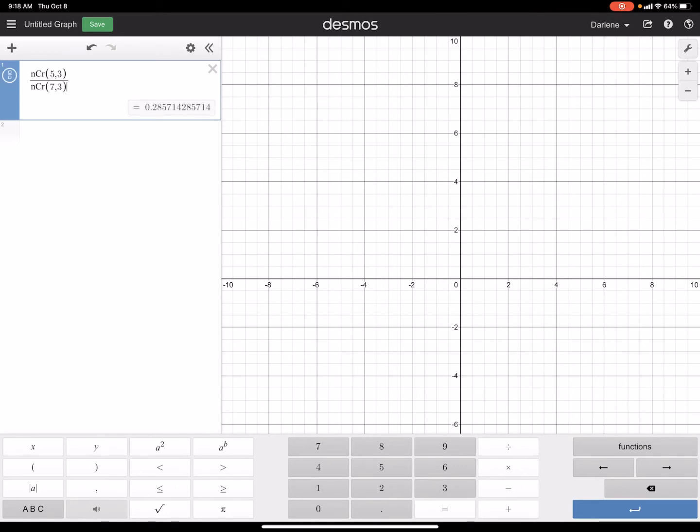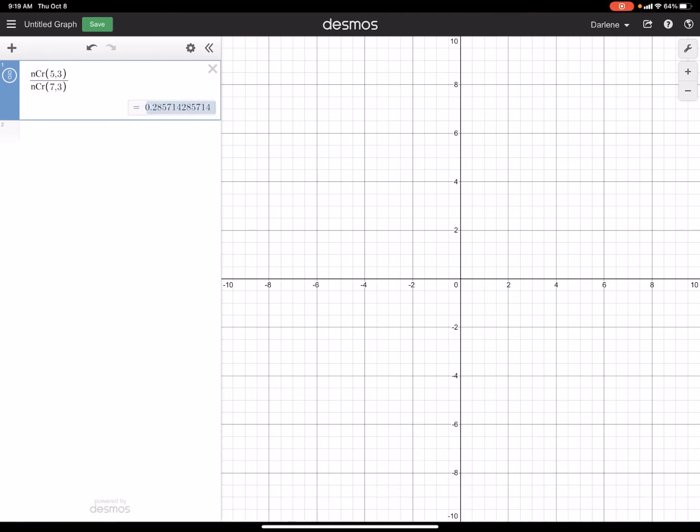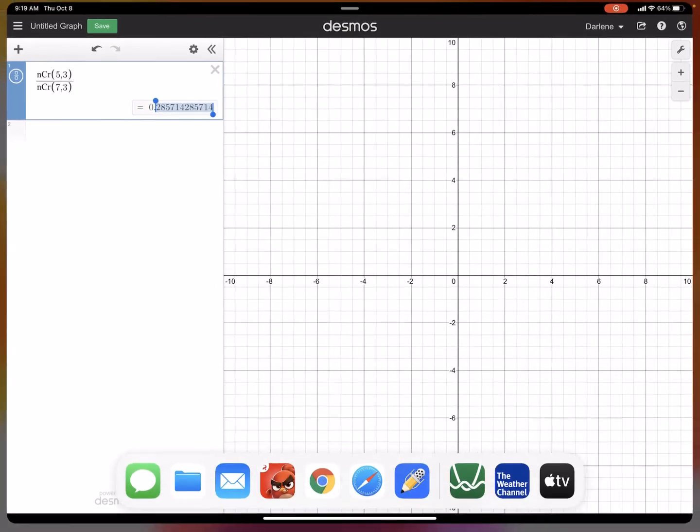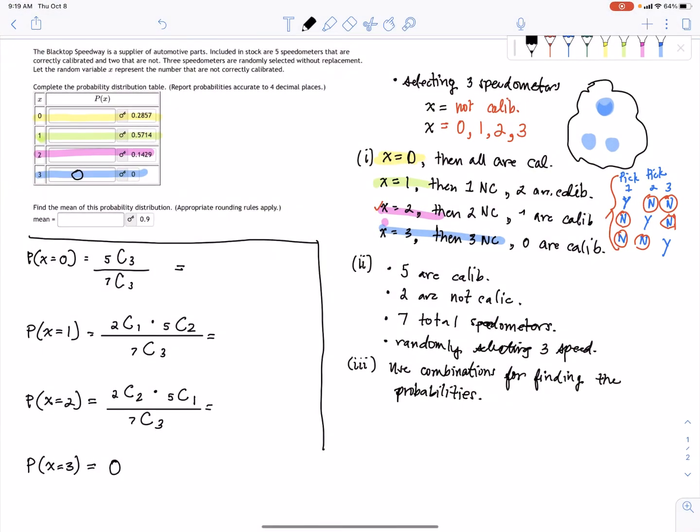Okay, and so we have 0.2857. Great. And then let's put that in the box. And we can see on the right side that these are the correct answers so far.